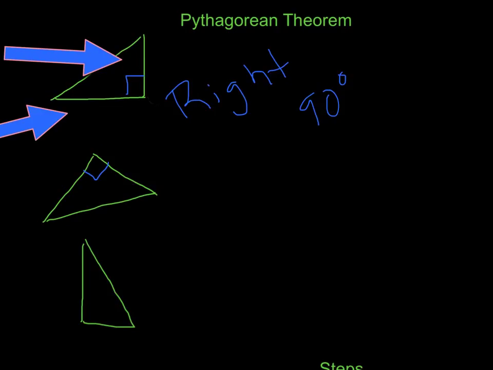Now with the Pythagorean theorem, we deal with an equation, and the equation that we have to use is a squared plus b squared equals c squared. And the easiest way to label them on my right triangle is by first finding the hypotenuse. So in my last example here, my third example, my right angle is going to be there.